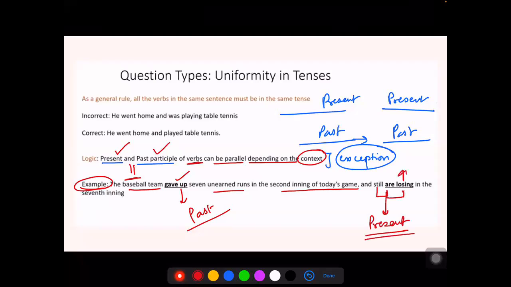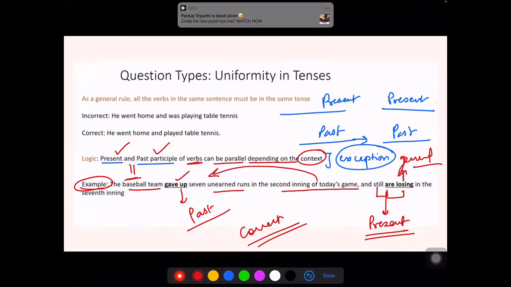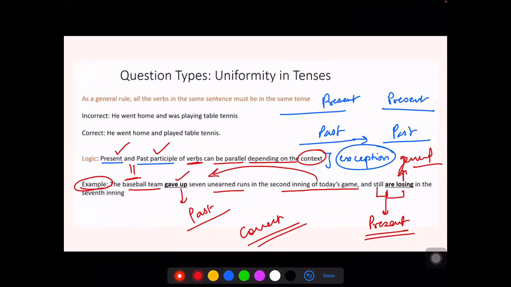Here they are using a gerund, losing in the 7th inning. Now here, the sentence is correct. How is it correct? No doubt it's not parallel, but still it is correct because they were talking about the past tense, that in today's game they gave up 7 unearned runs, but still they're using the word 'still' here.